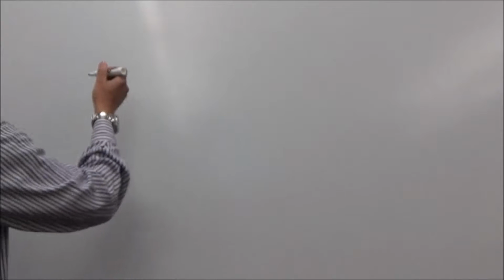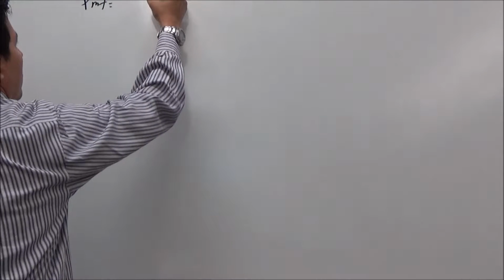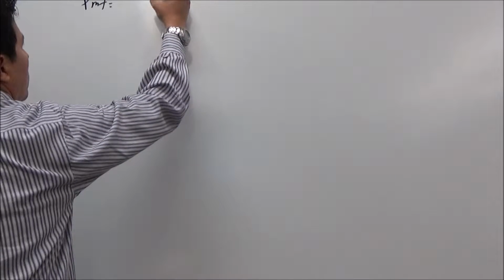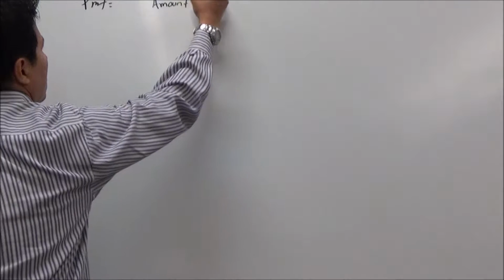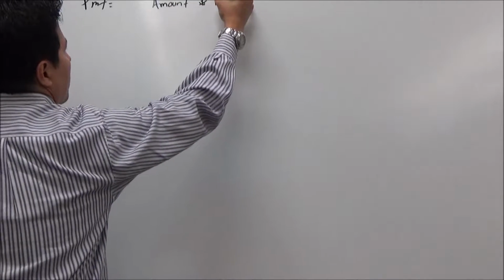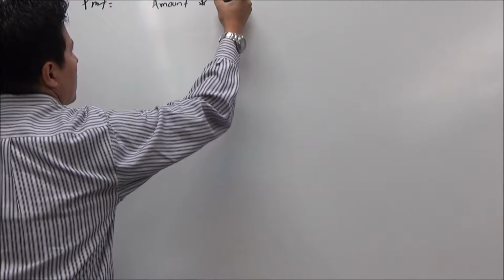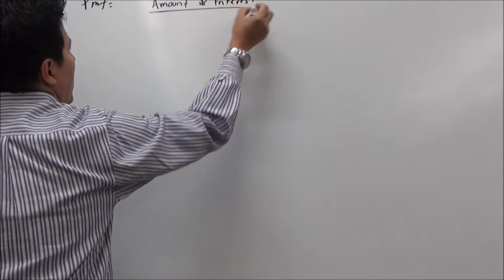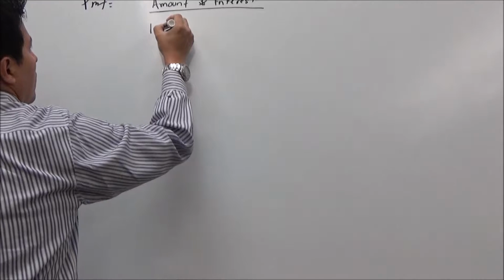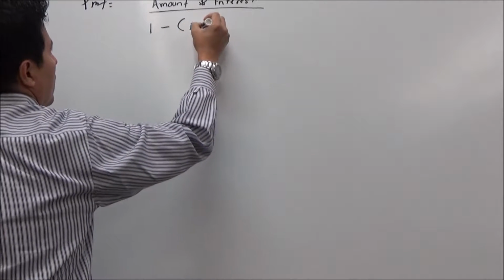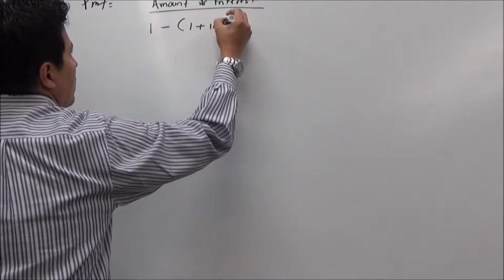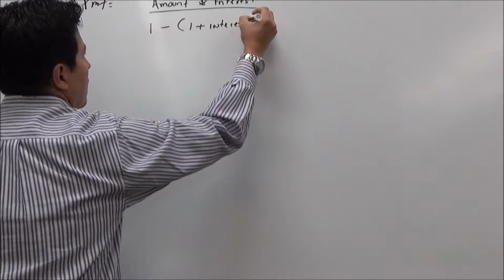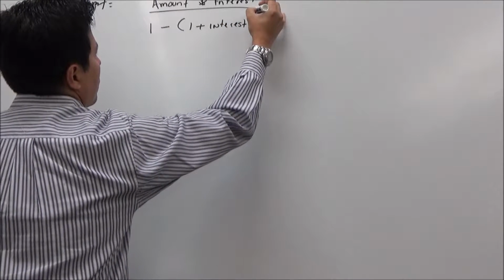So there's a chance, if you remember the formula, the payment was given by amount times the interest, periodic interest, divided by 1 minus 1 plus interest to the negative terms.